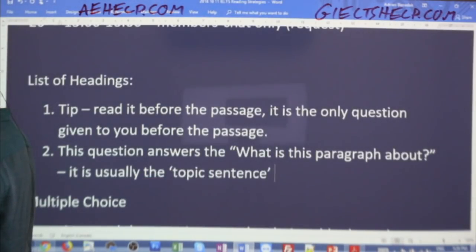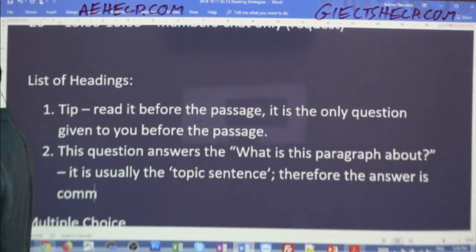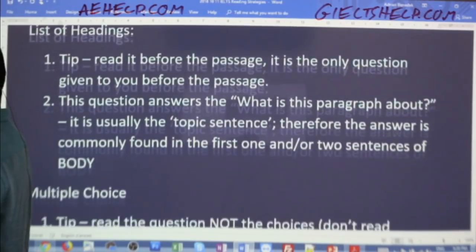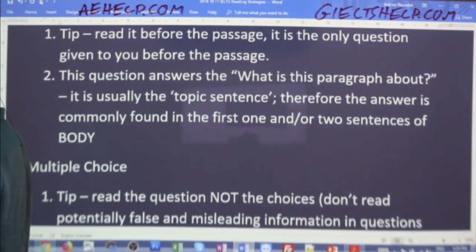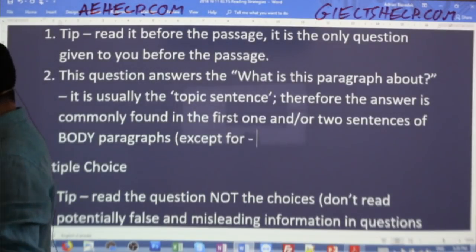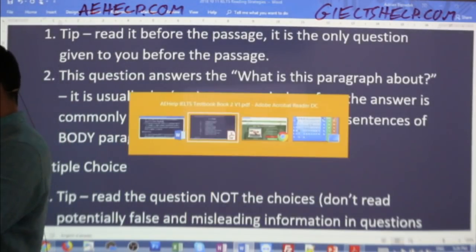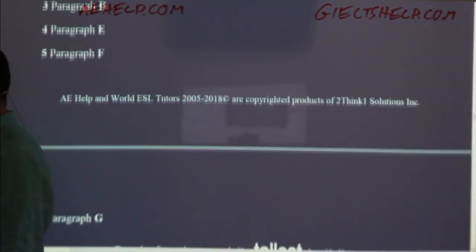And therefore, the answer is commonly found in the first 1 and or 2 sentences of body paragraphs. Okay? Except for which paragraphs? Okay? So usually you'll find the answer to list of headings in the first 1 or 2 sentences.